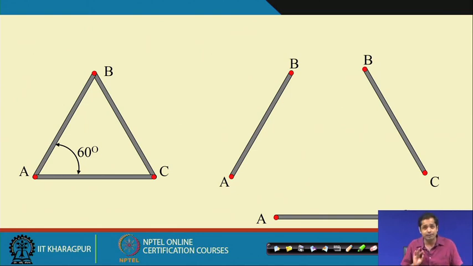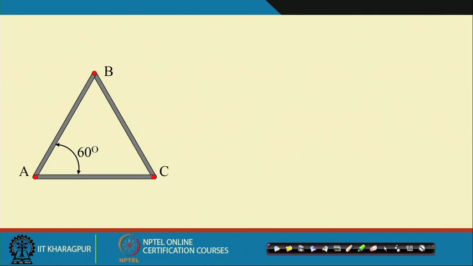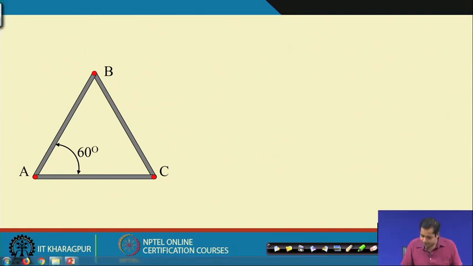The idea here is really not to give a detailed derivation of the force displacement relation, because we will be doing that in the subsequent weeks. The idea is to make some points which are important and which we need to keep in mind when we actually do this exercise in detail. So take any member, say member AB.